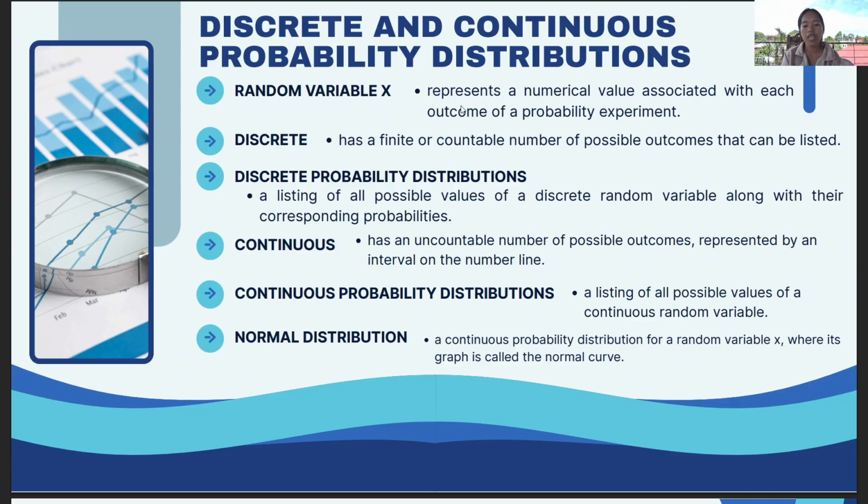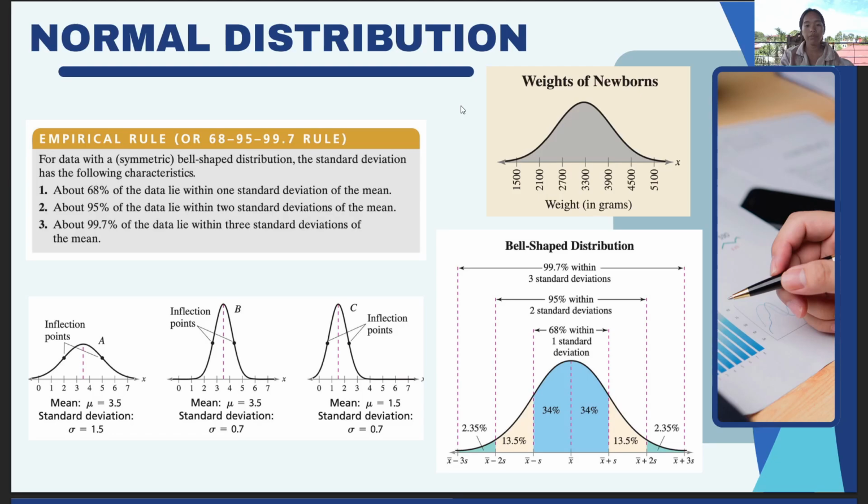Normal distribution is a continuous probability distribution for a random variable x where its graph is called the normal curve. So here we have the empirical rule in normal distribution. For data with a symmetric bell-shaped distribution, the standard deviation has the following characteristics. First, about 68% of the data lie within one standard deviation of the mean, which you can see on the left side, these inflection points.